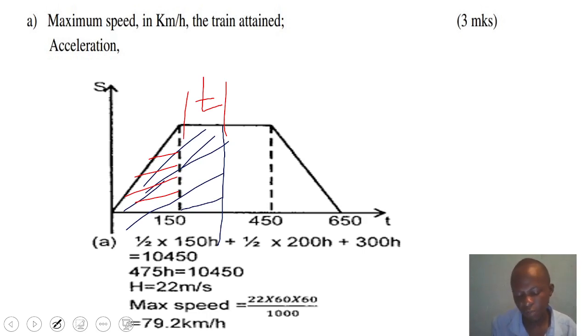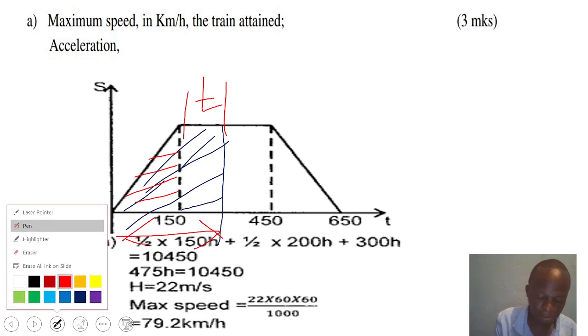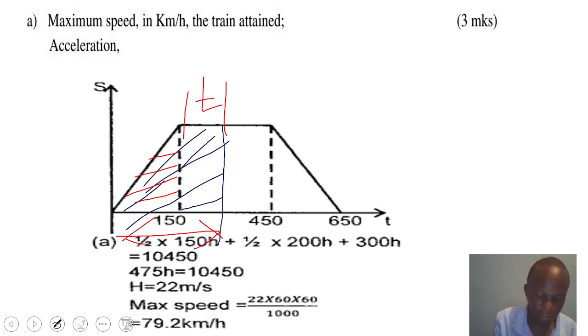Since this is a rectangle, when the rectangle combines with this particular triangle, it becomes a trapezium. So right below there, the distance is 150 plus t. So that becomes a trapezium.